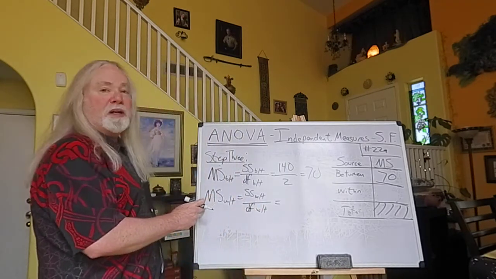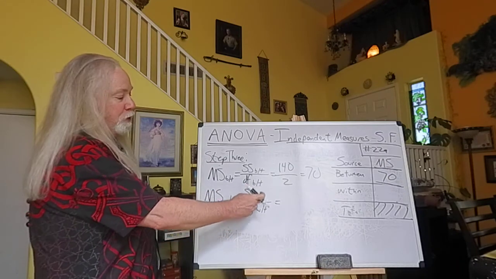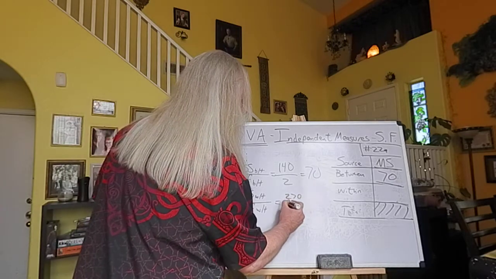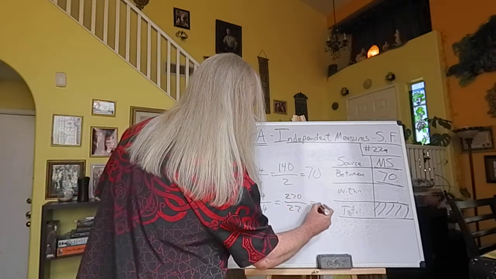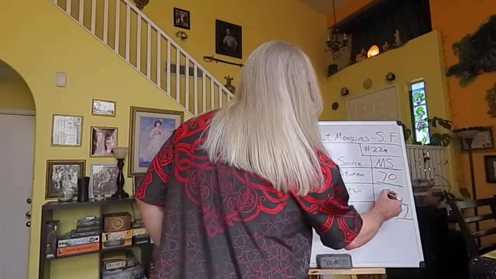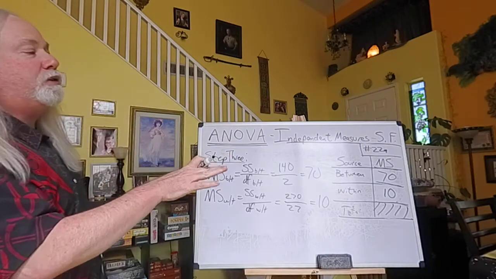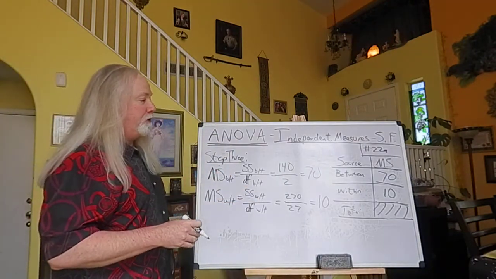Again, our variance, or mean of squares within treatments, is sums of squares divided by degrees of freedom for the within treatments values. So we've got 270 divided by 27, which is 10. So our variance within treatments, our error term, is worth 10 points.